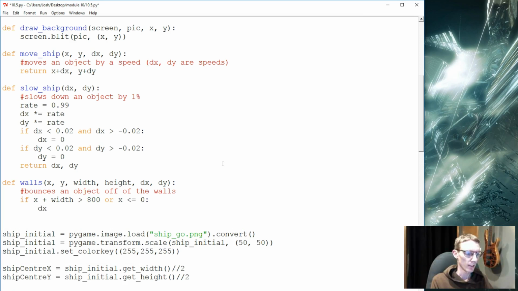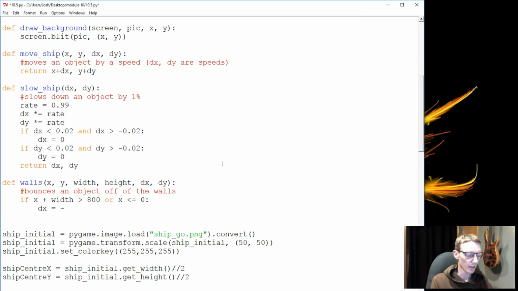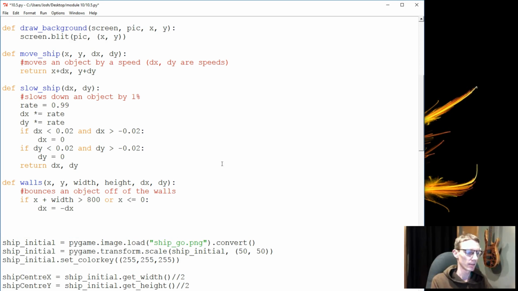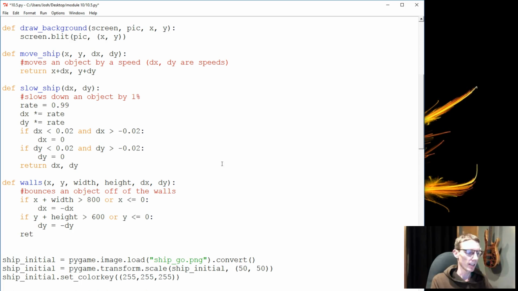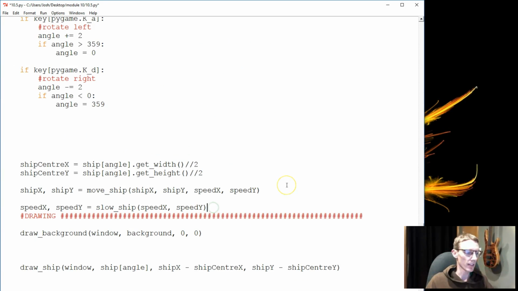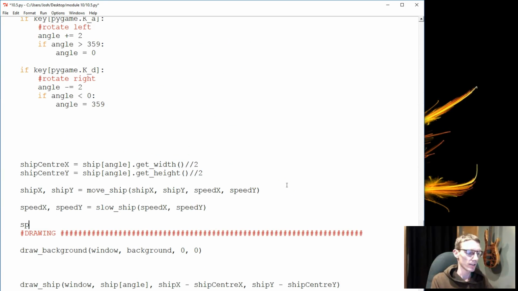Then what do we want to do? We want to reverse our x speed, and we want to say if y plus the height is greater than 600, or our y is less than or equal to 0, and then what do we want to do? We want to reverse the y speed, and then we'll just send back our dx and our dy, our x and y speeds. So down here in our processing, we can say our speed x and our speed y are equal to walls.